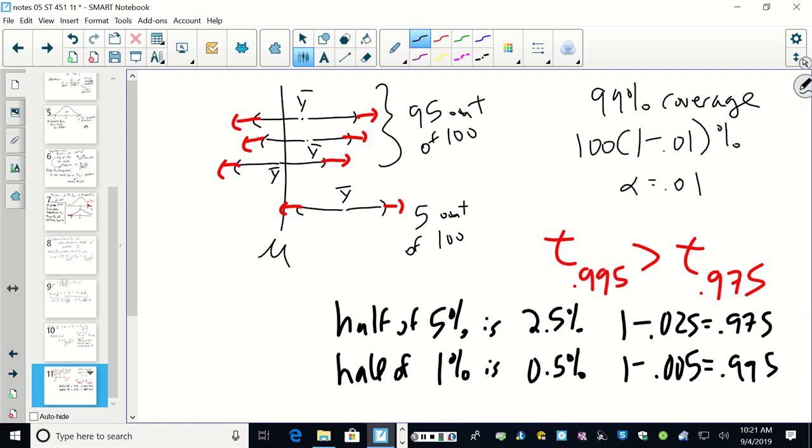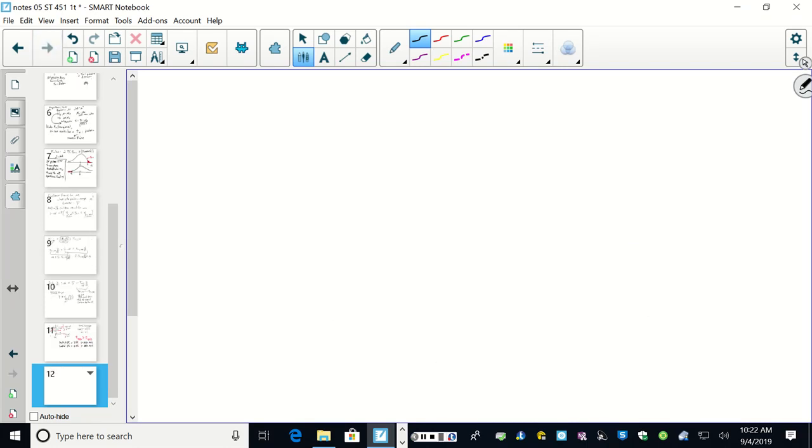So with 2 inference procedures, hypothesis tests and confidence intervals, they're both asking the same question, where's mu? Right? One says just generally, where is it? Show me the interval. And the other one says, is it this value? So there should be some correspondence, right? And there is, right? So confidence interval versus hypothesis test, right?